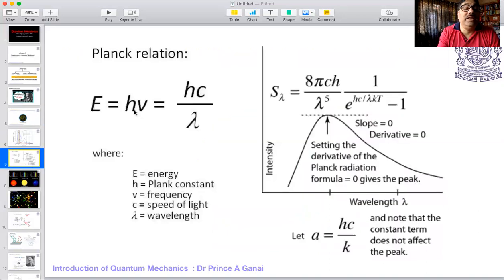Each photon has an energy given by the relation E = h nu, where nu is the frequency of that radiation, and the frequency can be written in terms of c by lambda. So he proposed that light is granular in nature.